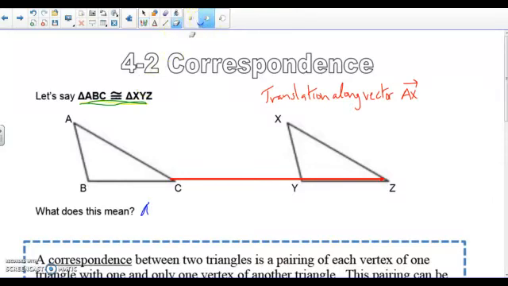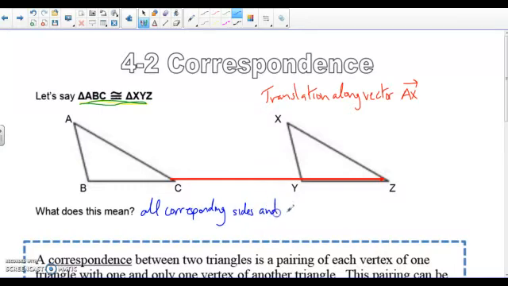It means that all the corresponding sides and angles are congruent to each other. Sorry about my handwriting, a little messy there, but it means all corresponding sides and angles are congruent to each other.